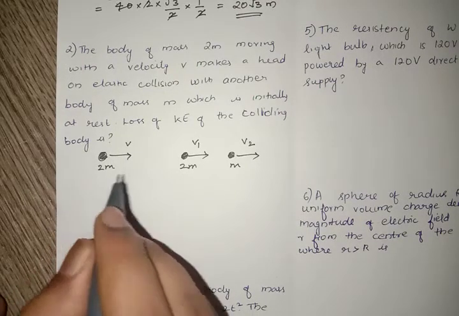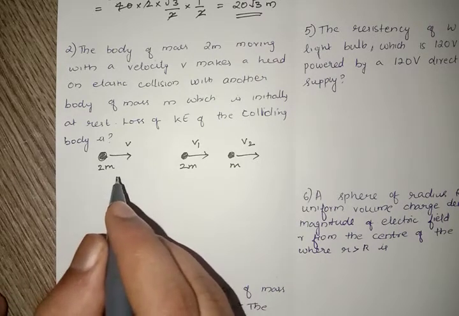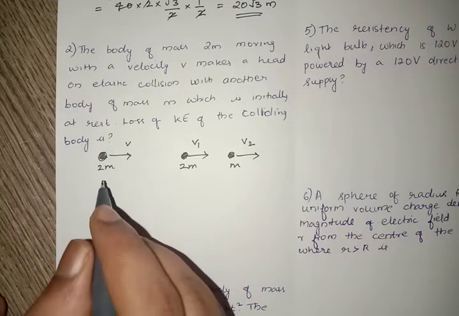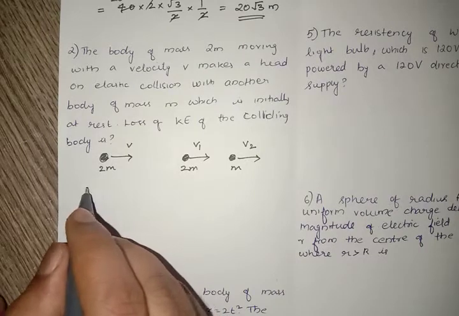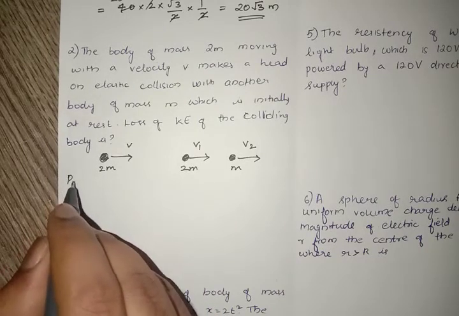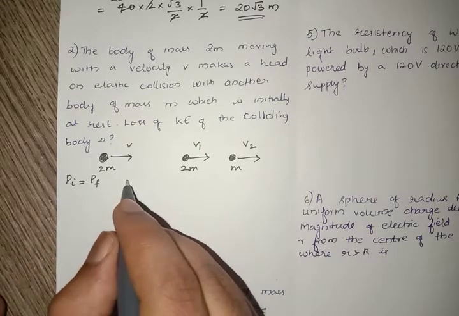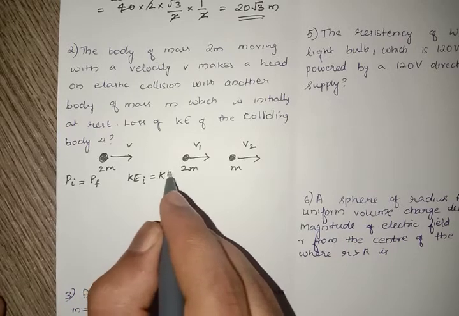We need to find the loss of kinetic energy of the colliding body. In this problem, the body possesses conservation of momentum and conservation of kinetic energy. So initial momentum is equal to final momentum, and similarly initial kinetic energy is equal to final kinetic energy.